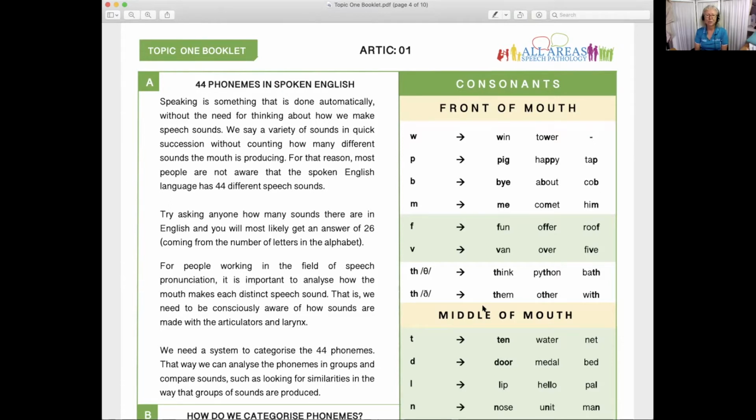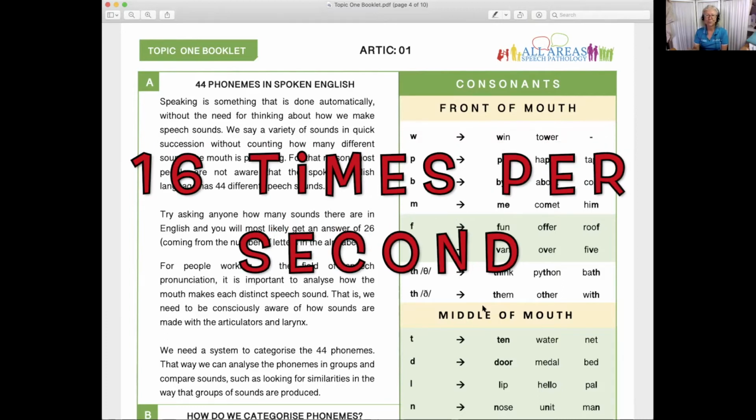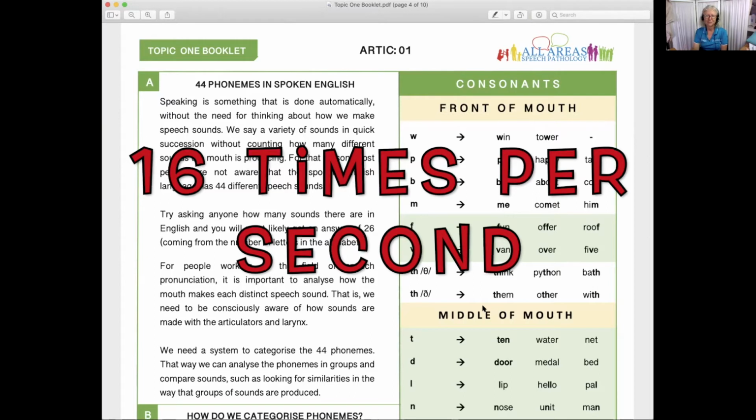For that reason, most people are not aware that the spoken English language has 44 different speech sounds. So, did you know that when I'm speaking, I'm actually moving my articulators approximately 16 times per second? Isn't that incredible? So we're doing tongue, teeth, lips, voice on, off, and in all sorts of sequences.